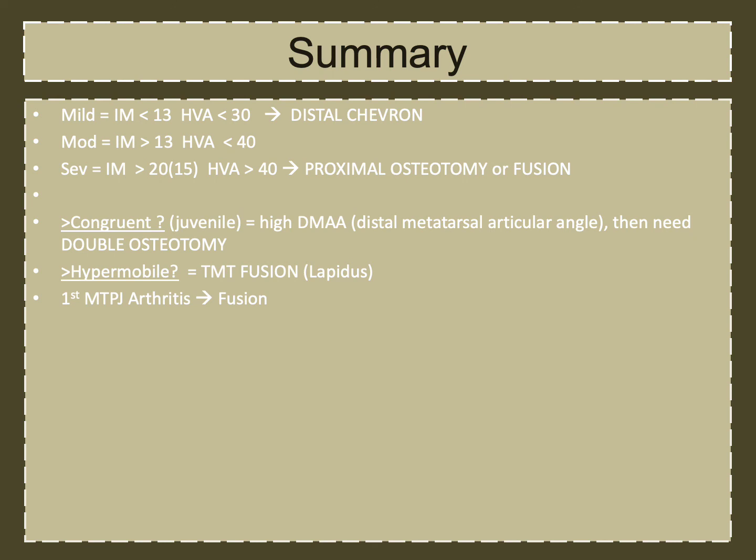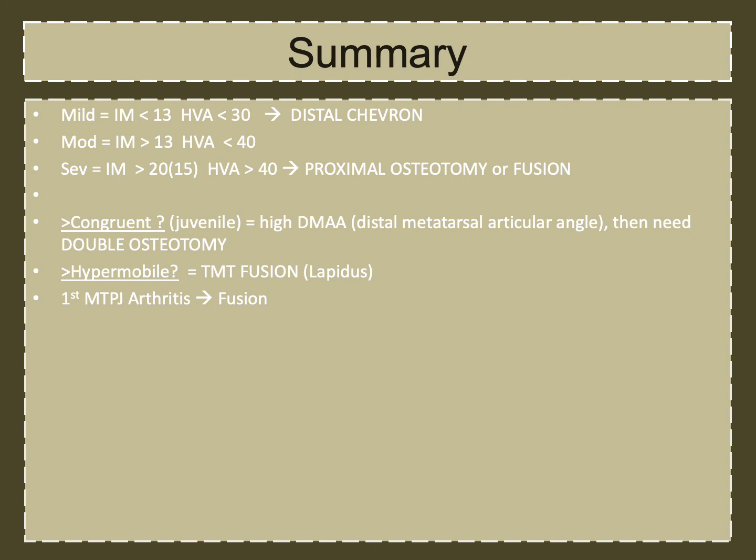For mild disease, you want distal osteotomies for mild hallux valgus. So you're going to do a distal chevron. For moderate to severe, you want either a proximal osteotomy or a fusion, meaning a lapidus. For a congruent joint, aka juvenile, most likely a high DMMA, then you need a double osteotomy.